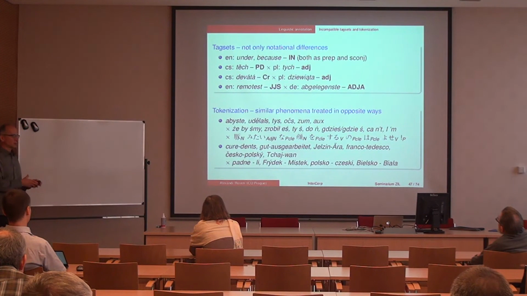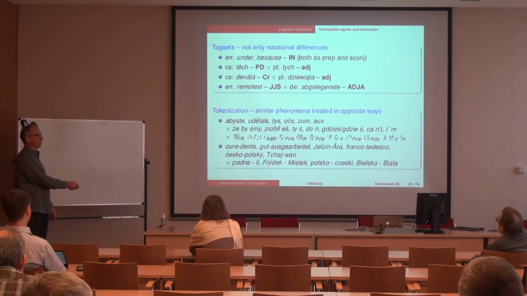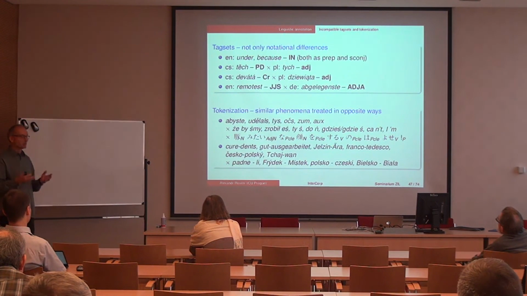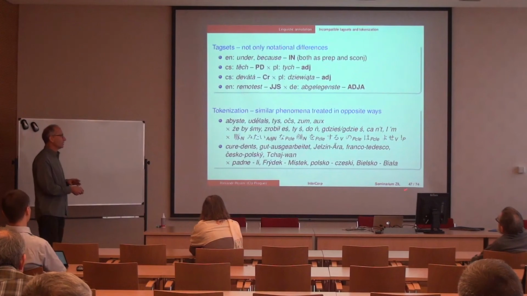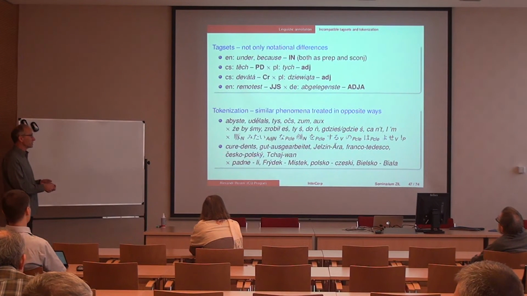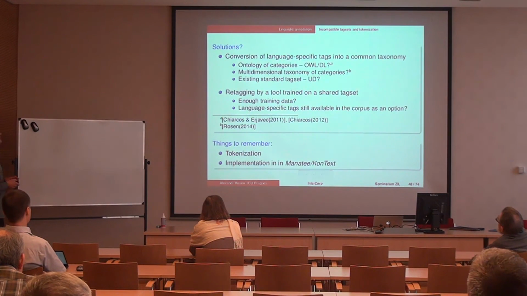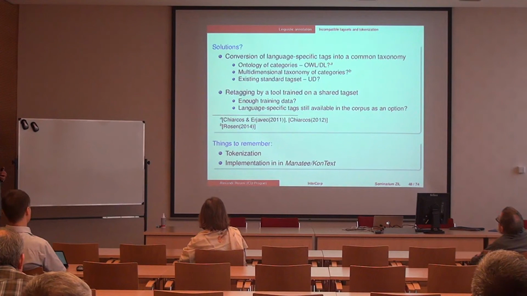You split those parts that are inflected separately. So Taiwan is not split, while the town Frýdek Místek is inflected separately. But in Polish, yeah, so you do split Czesko-Polski, something like that, and Bielsko-Biała you split in Polish as well. So what can we do about this?